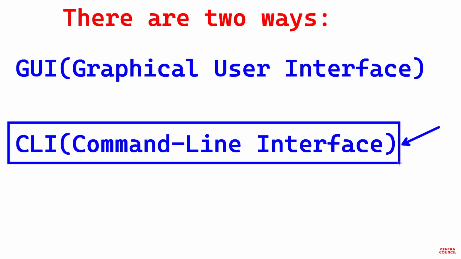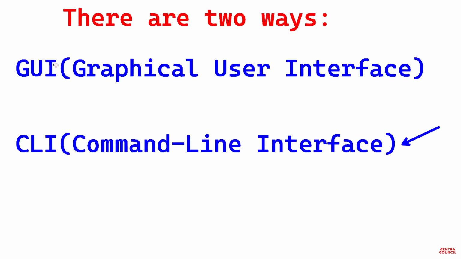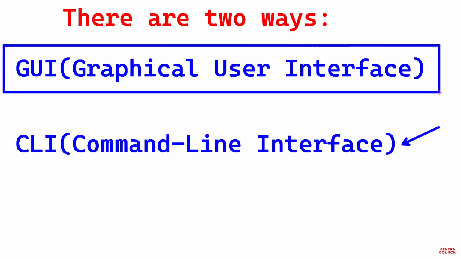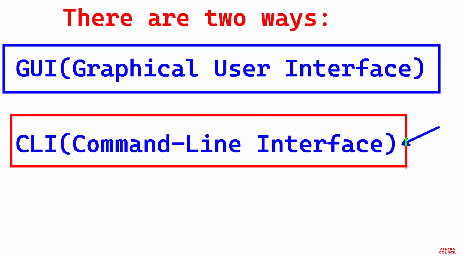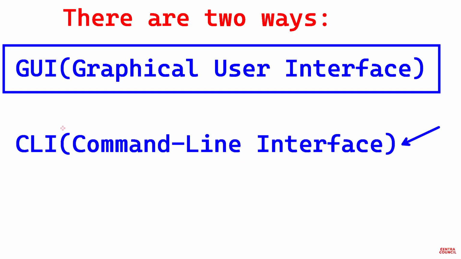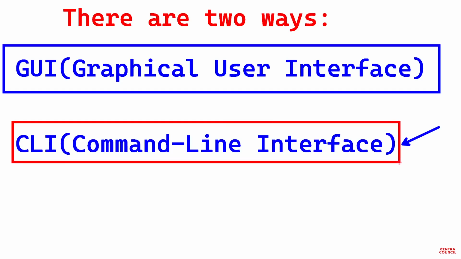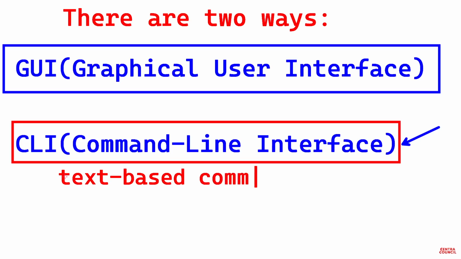I would say maybe 90% of people who have computers usually use the GUI, while there are other people who use this command line interface. And with this command line interface, all you simply need to do is write text to perform an action. So we usually call these text-based commands, right?